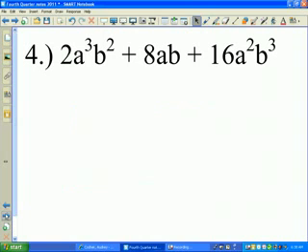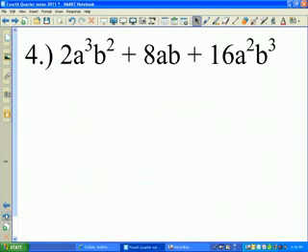And one more. So we have 2a cubed b squared plus 8ab plus 16a squared b cubed. I know right off the bat you're like, what is this? It's okay. Do the same exact thing.